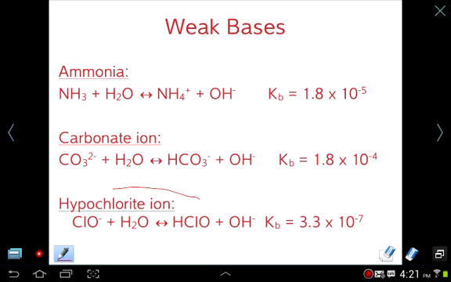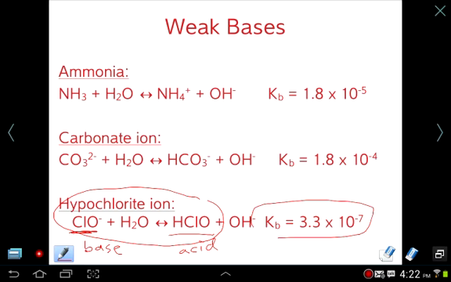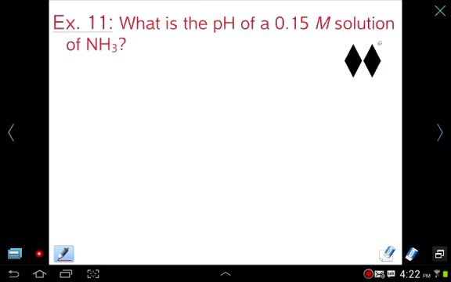Here we give the hypochlorite ion, acting as a base, because it accepts a proton from water, becoming hypochlorous acid, HClO. Its Kb is given as 3.3 times 10 to the negative 7. So let me show you how this can give us the Ka of HClO.